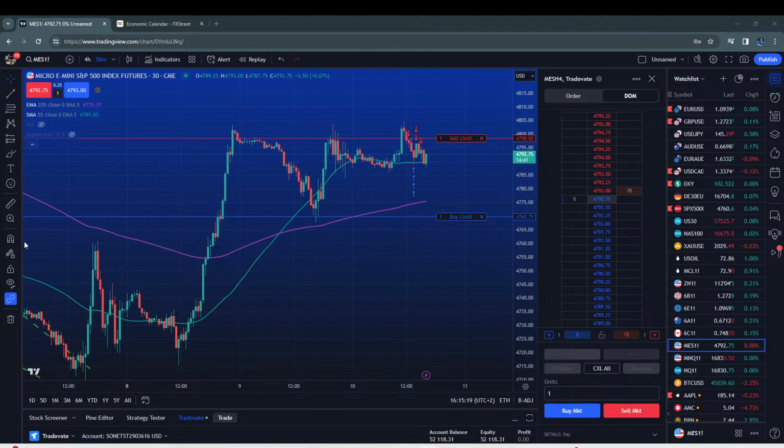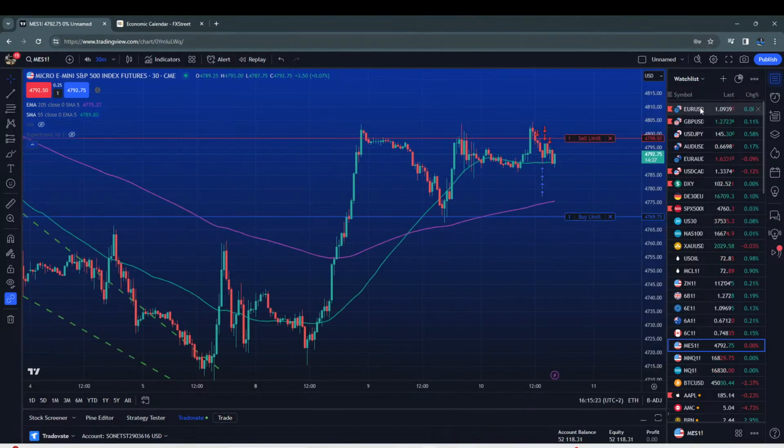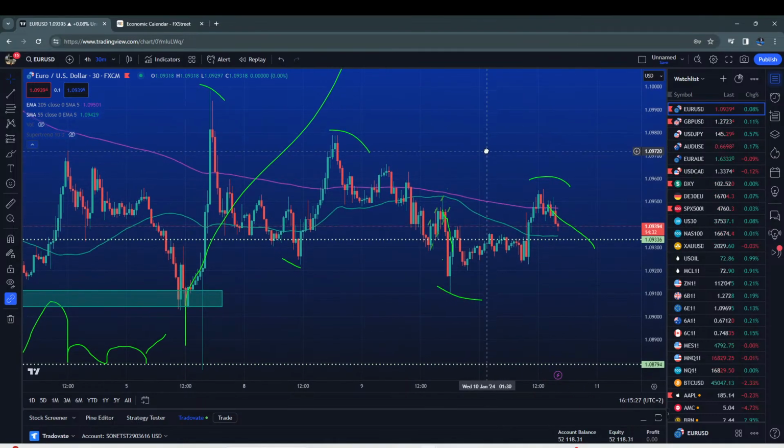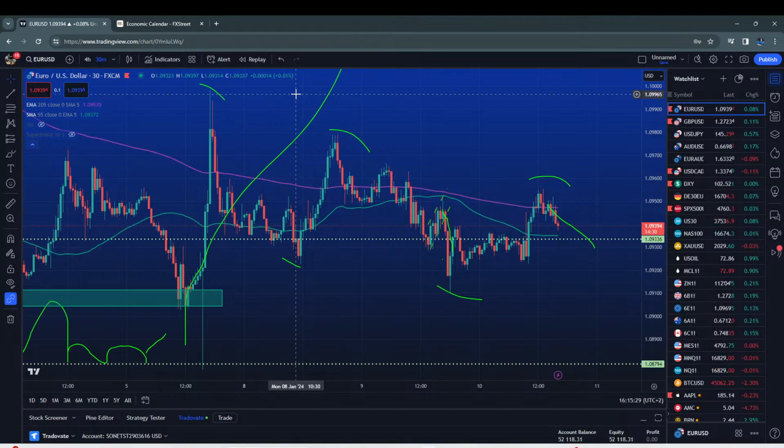Let's have a quick overview of the markets, where we stand right now. Here is the EURUSD trading sideways, starting to create a pattern of lower lows, lower highs.